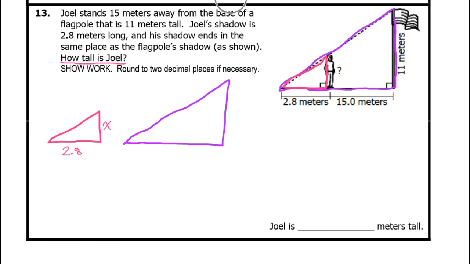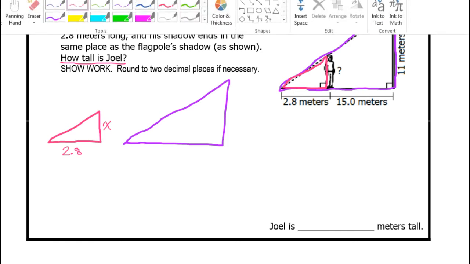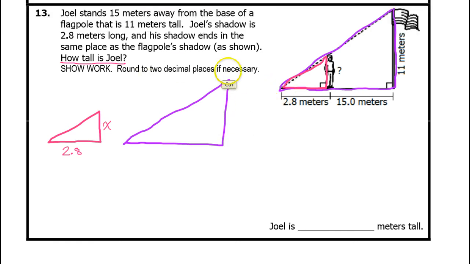On the larger triangle, the vertical part is 11 meters. The horizontal part is going to be the sum of these two, so that's going to be 17.8 meters. Notice that the 15 is not any side of either triangle, so 15 should not show up in your calculations.